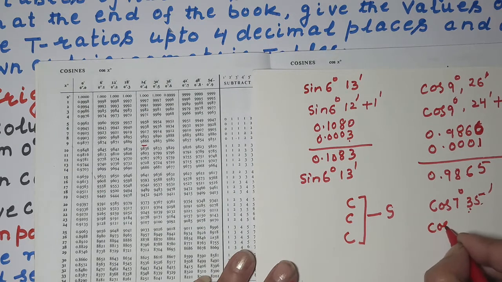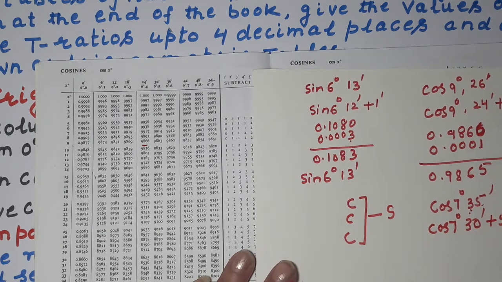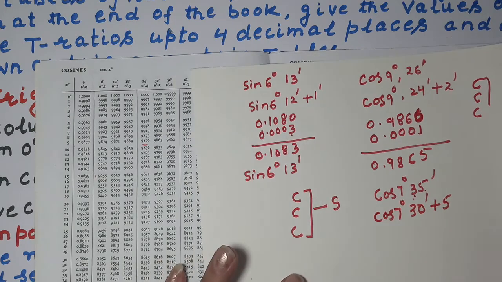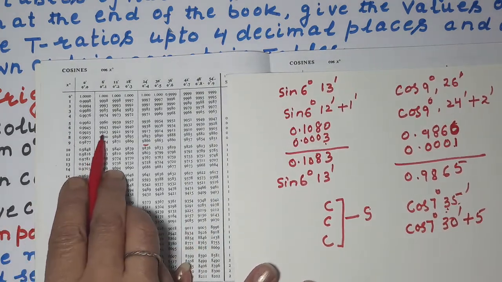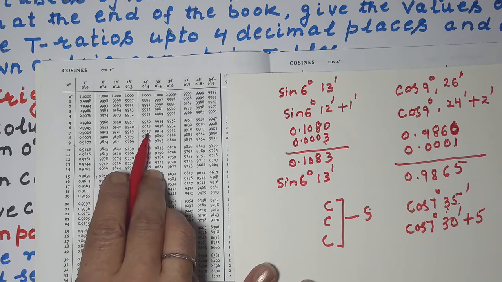So we will find the value of cos 7 degrees and 30 minutes. What is the mean difference now? Mean difference is 5. So let's find cos 7 degrees under 30 minutes.